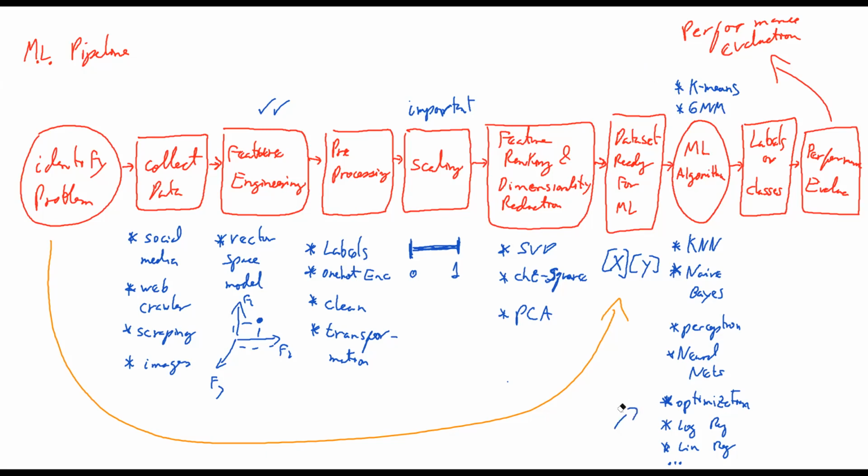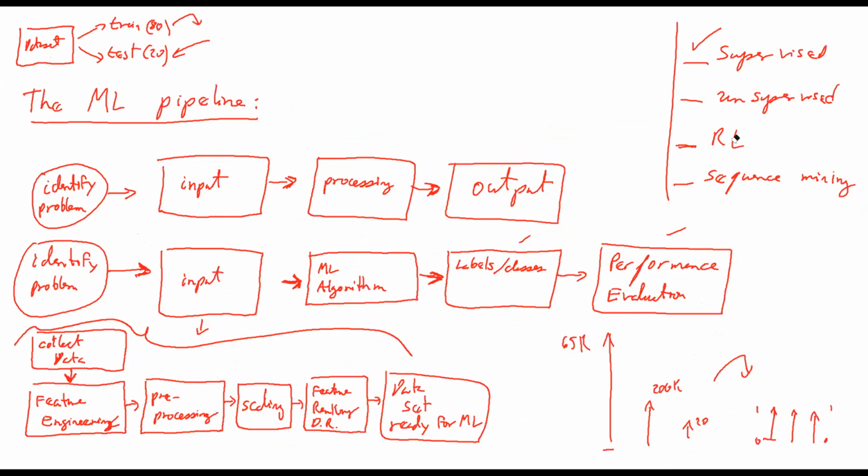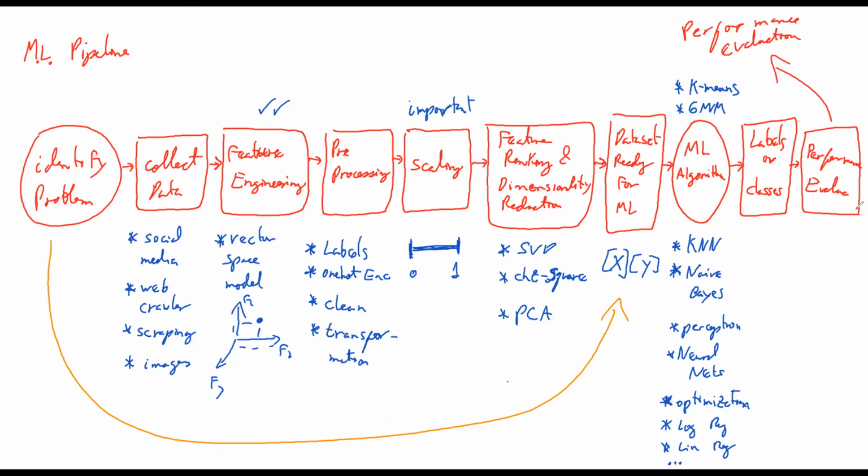But we also mentioned that there is reinforcement learning and sequence mining, right? So in essence, if you keep the pipeline the exact same for all four, then basically it just means that here for reinforcement learning and sequence mining, we have other algorithms as well.